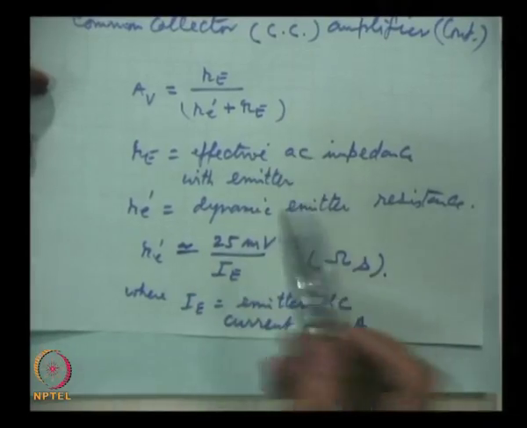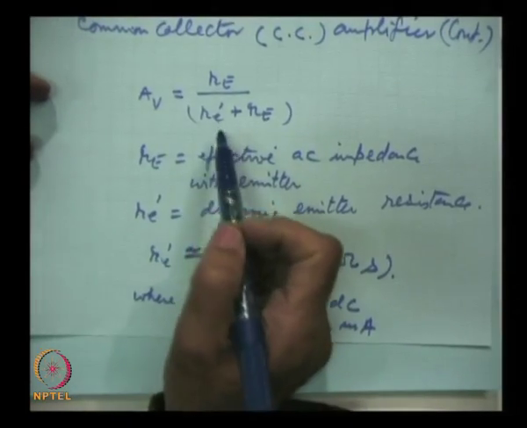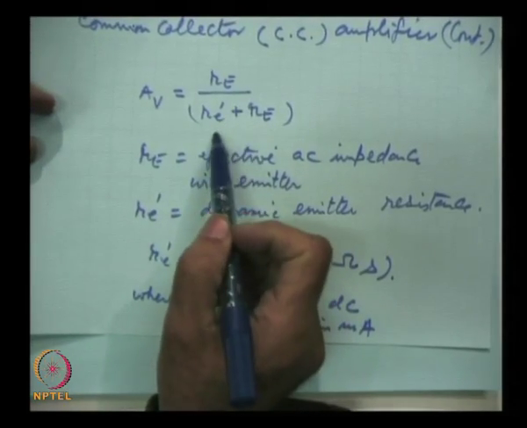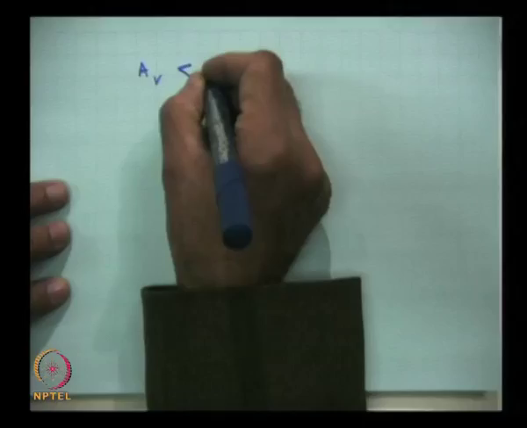Now this value of gain, obviously, is less than 1, so A_V is less than 1.